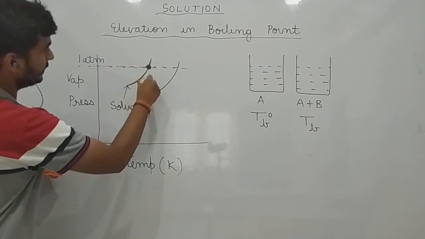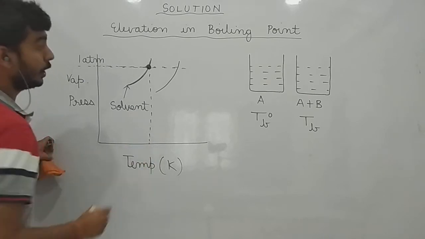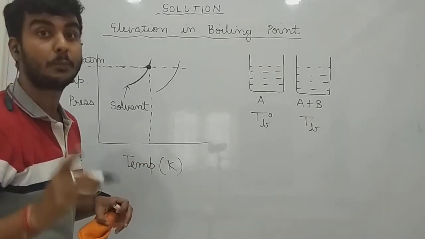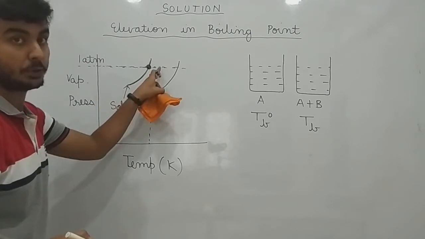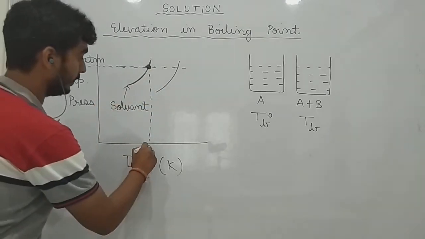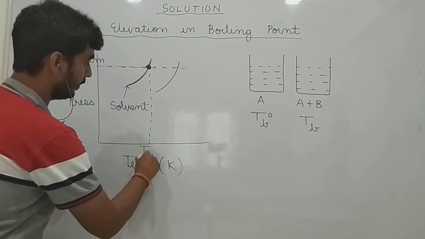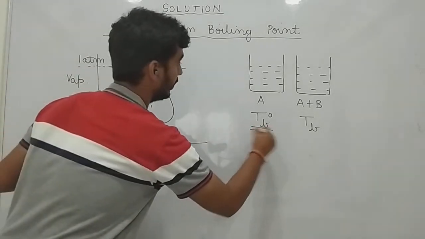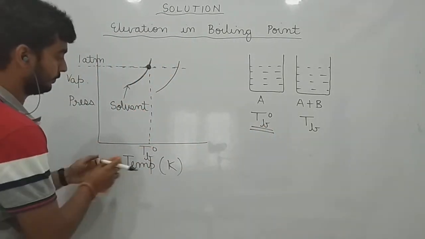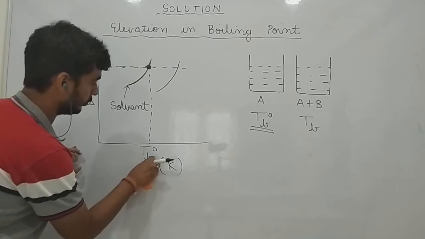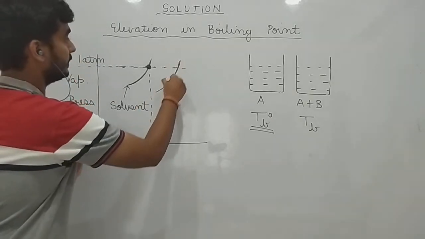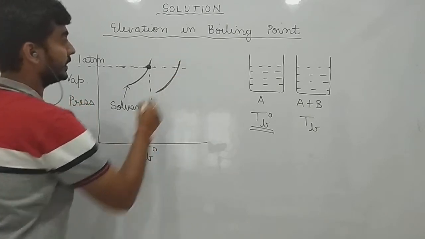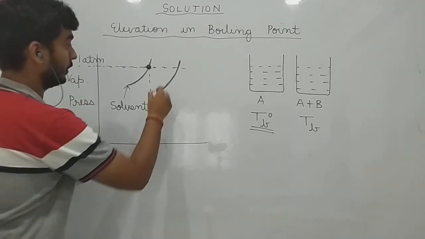Atmospheric pressure, and this temperature is known as the boiling point of what? Boiling point of the solvent, because this is the curve for the vapor pressure of solvent. So this is Tb naught. This is Tb naught. This one. Let me rub it so that you can see it clearly. This is Tb naught.